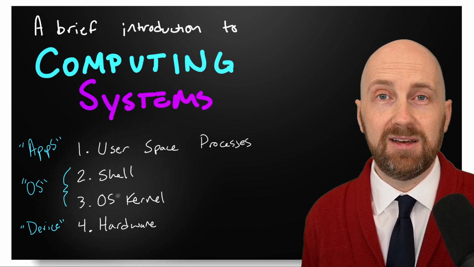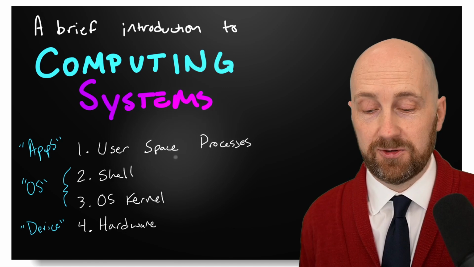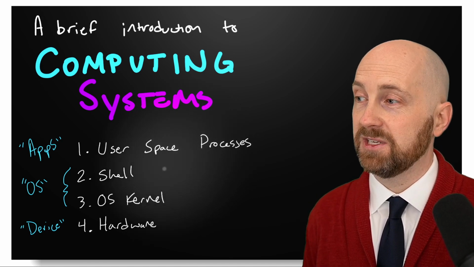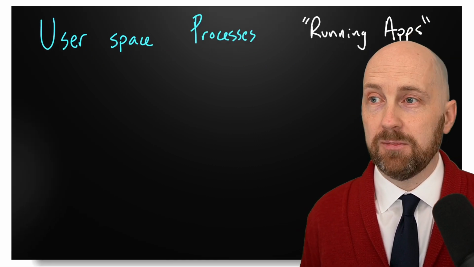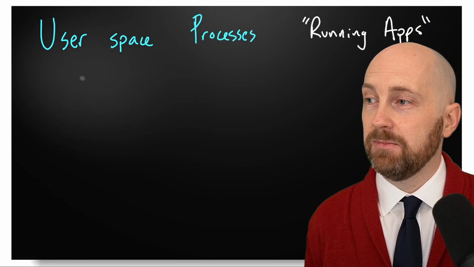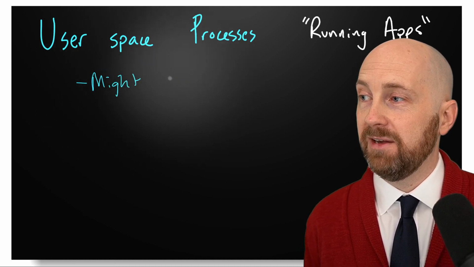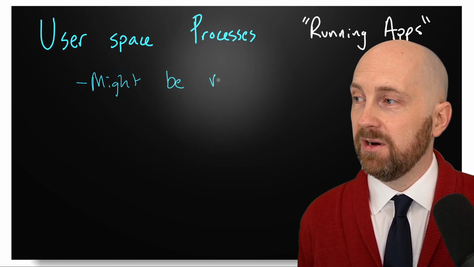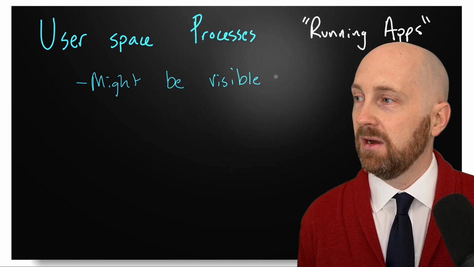So let's dive right in and focus first on what it is that you'll be concerned with in this course, which is user space processes. These are the running apps of your machine. These apps might be visible or invisible, right? So we know that there are visible apps that you're interacting with from time to time.